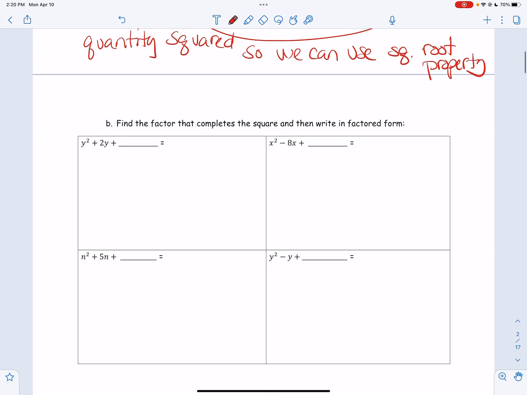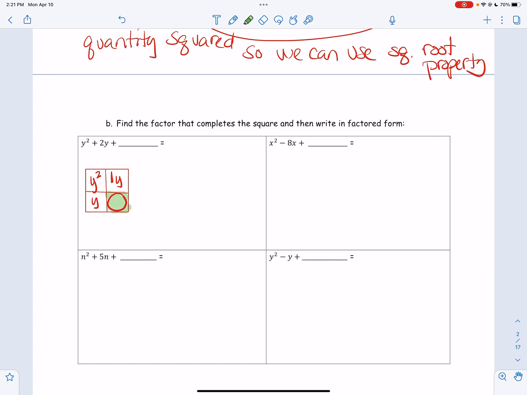So the first part that they ask you to do in Hawks is fill in the blanks. If we draw this little box, that's why they call it completing the square. The first term is y squared, and then we take half of 2y, which is 1y, and put it on the diagonals, and then we square the number in front of the coefficient, and that's what completes the square.